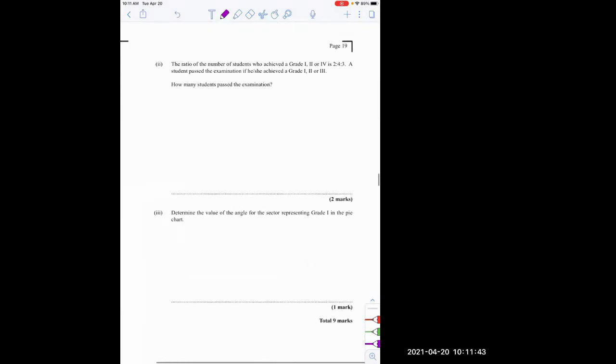The ratio of the number of students who achieved grade 1, grade 2, or grade 4. So let's write that. Grade 1, grade 2, grade 4 is 2 to 4 to 3. If a student passed the examination, how many students passed?